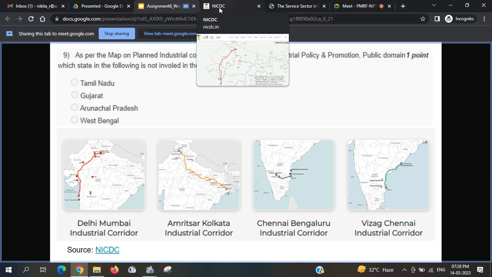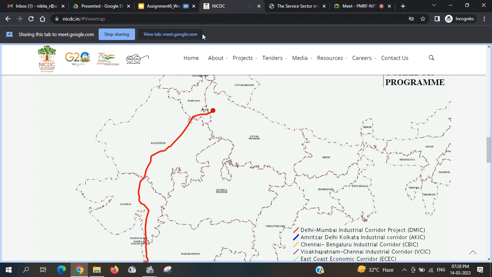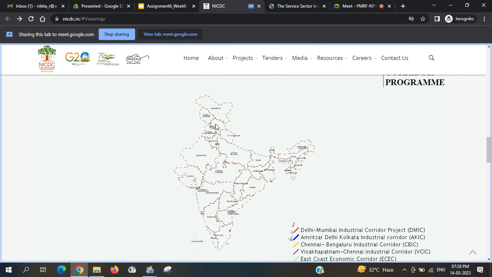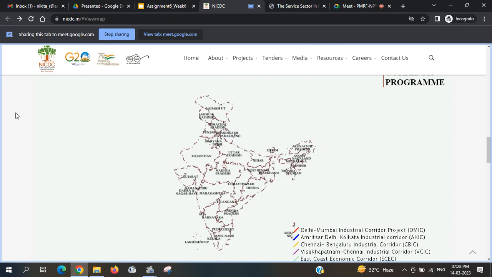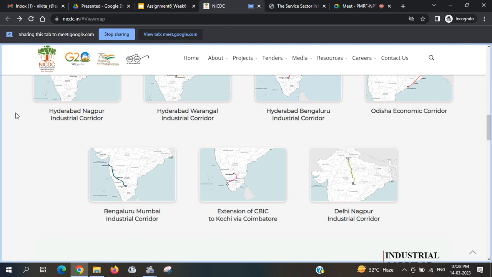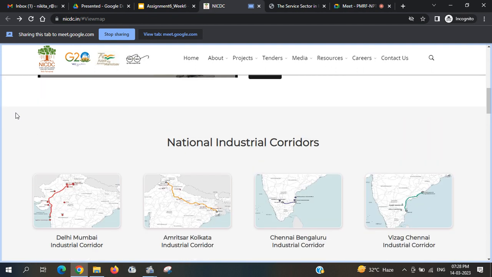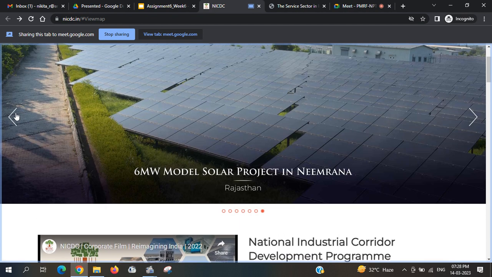If you want to see a little bit more about the different corridors, you can visit this link of the National Industrial Corridor Development Corporation of India, and you can see about the different industrial corridors.